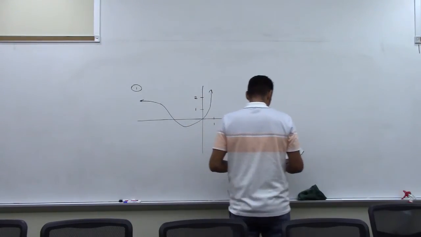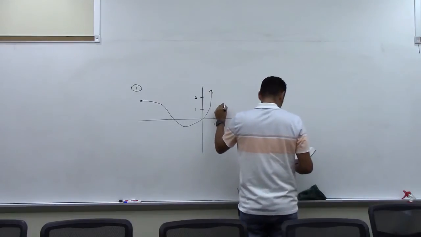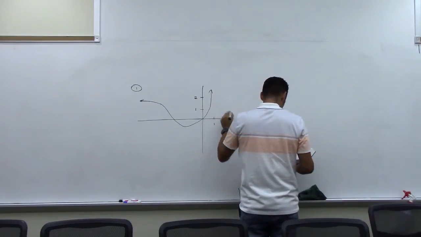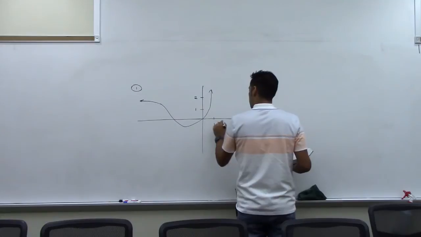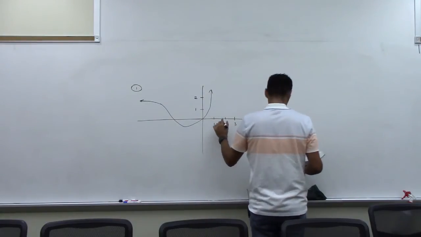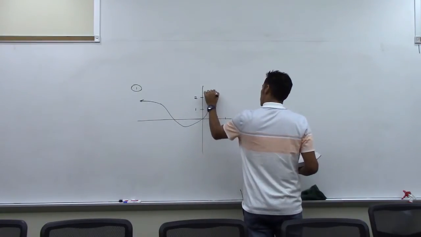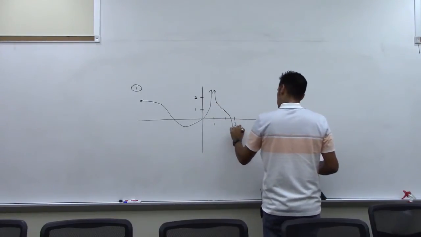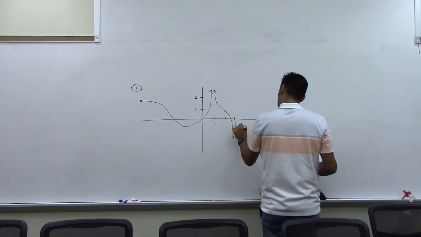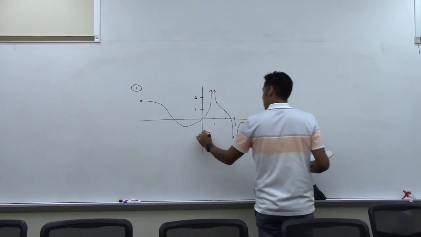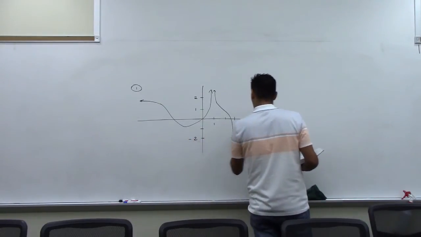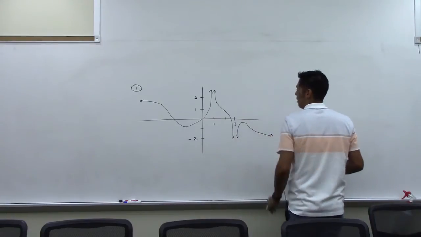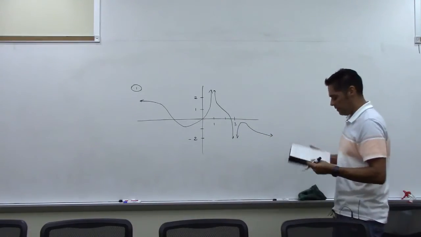And on this side, goes up. 1, 2, 3. This side it goes up, comes down like this. And over here, like this. All right, that's my best drawing of it.